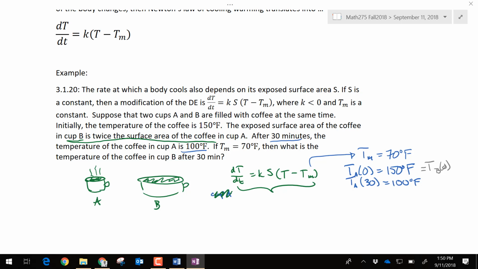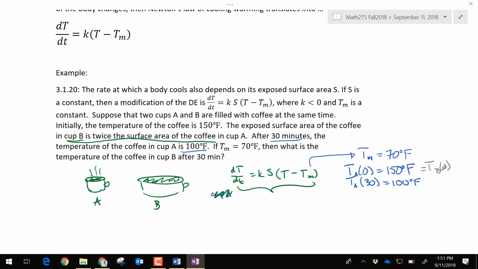In fact, if you don't have your independent variable at all in the differential equation, what's that called? Autonomous. It's an autonomous differential equation, right? So an autonomous differential equation is separable because there's no independent variable there.